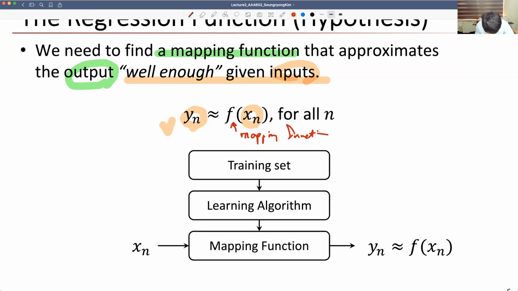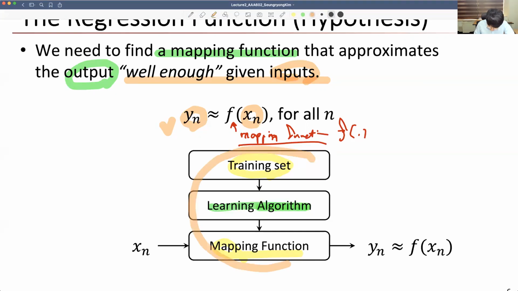Sorry for my writing. I hope you understand what I mean. Anyway, f means the mapping function here. Then the objective of this regression problem is to find out the mapping function, right? So in the training phase, if you remember our previous lecture, given the training data set, we want to find our final mapping function by using some kind of learning algorithm.